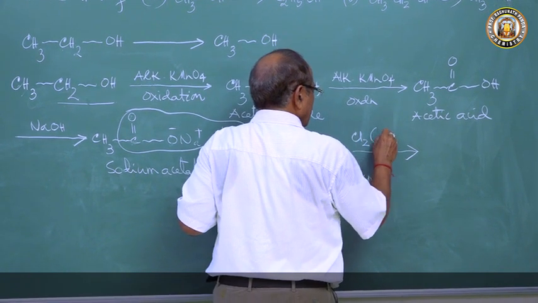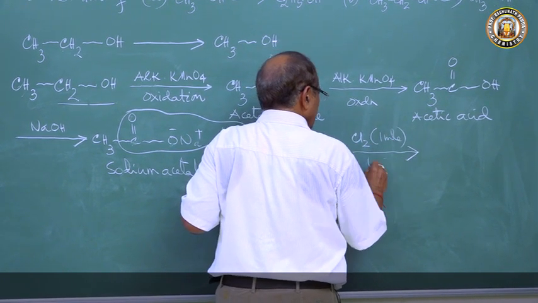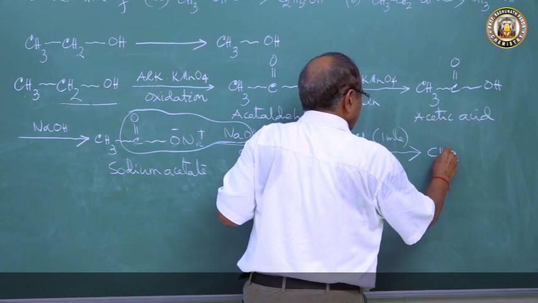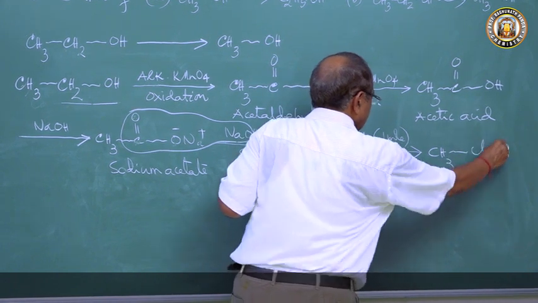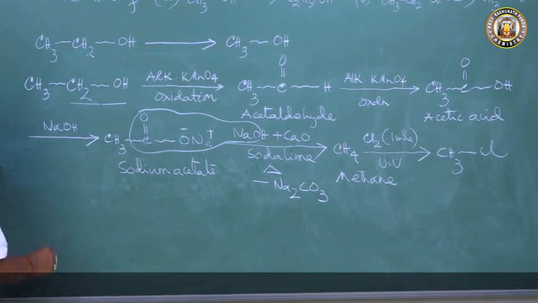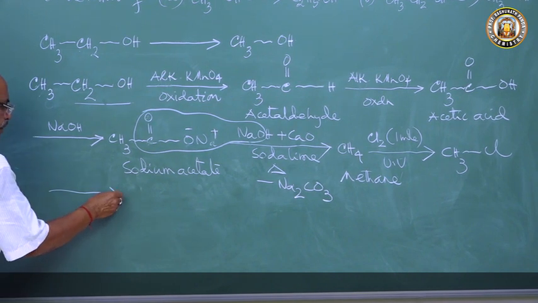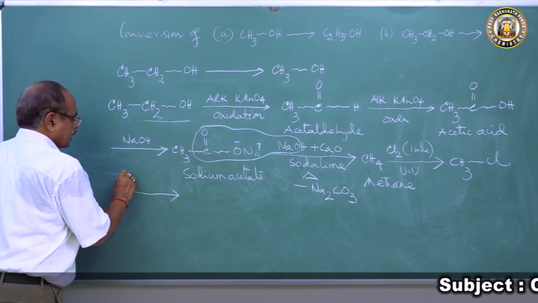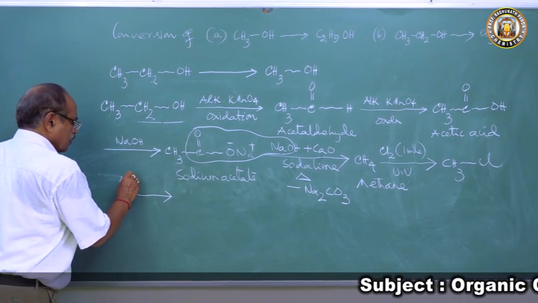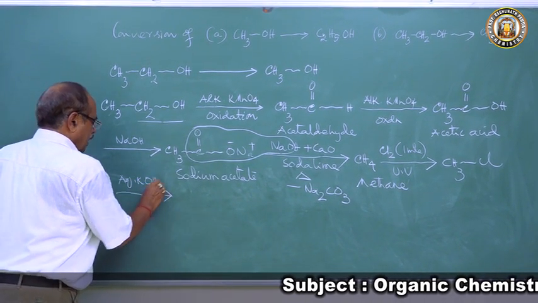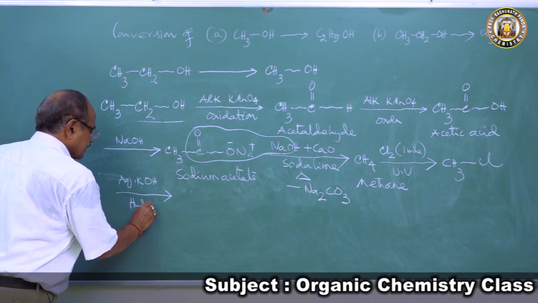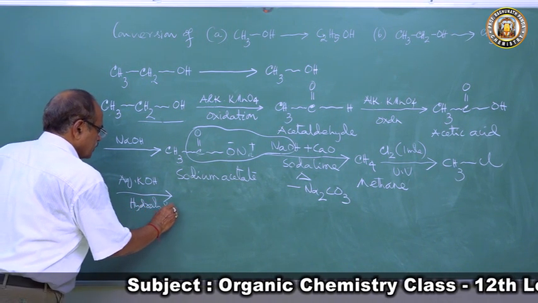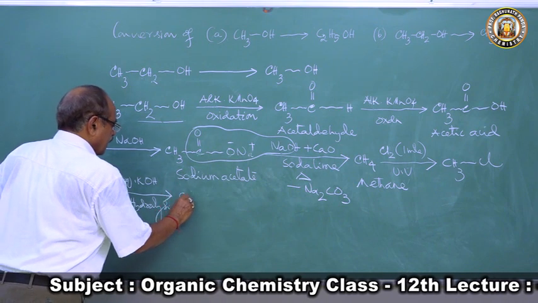Now chlorine 1 mole, ultraviolet ray, we get methyl chloride. This methyl chloride upon treatment with moist or aqueous potassium hydroxide undergoes hydrolysis to form methyl alcohol.